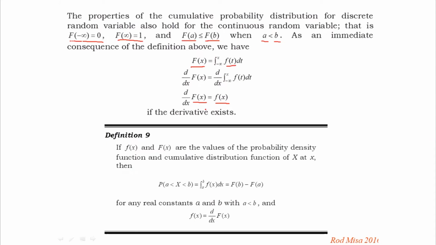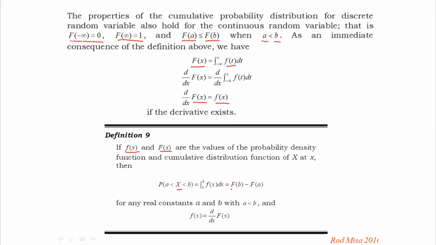If the small f of x, which represents the probability density function, and the big F of x, which also represents the cumulative distribution function of x at the small x, then the probability of your random variable from a to b is equal to the integral of small f of x dx from a to b. And this can be obtained by the big F of b minus the big F of a.